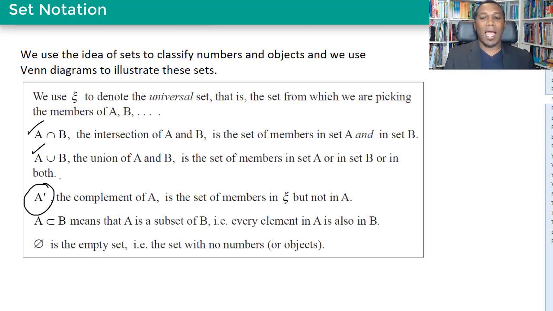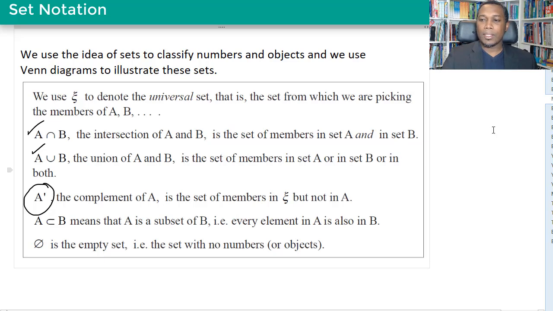So A prime, the complement, is the set of elements that do not belong to the set, or in a Venn diagram, the region of the Venn diagram that does not belong to the set A. That's really important. And then the idea of subset, again, just reminding you of the idea of subsets. For A to be a subset of B, then all the elements, the entire region in the Venn diagram that you would shade for A would have to be in B. That would indicate that it's a subset.